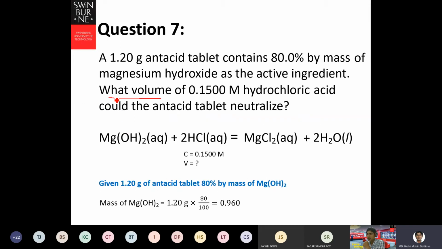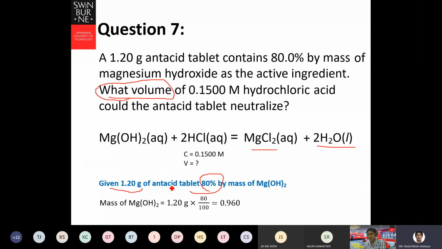So how much volume of HCl should we be adding to this antacid powder? Magnesium hydroxide is reacting with HCl in this form, and then it's producing magnesium chloride and water, right? And it says that 1.2 gram of antacid, but 80% of this is magnesium hydroxide.